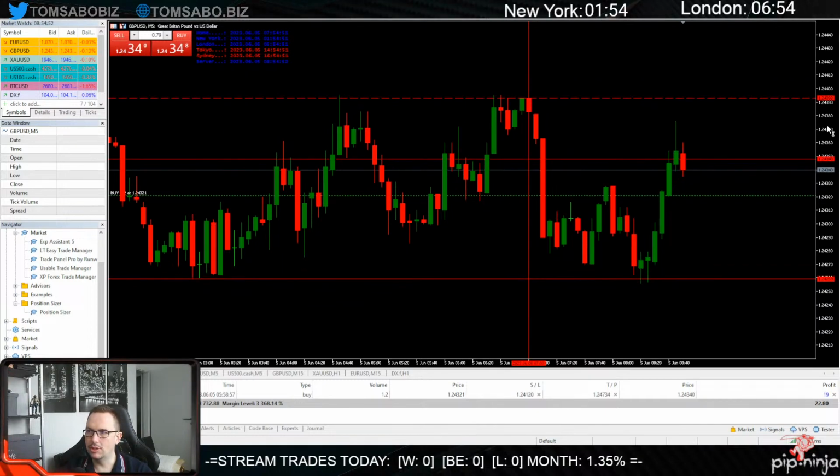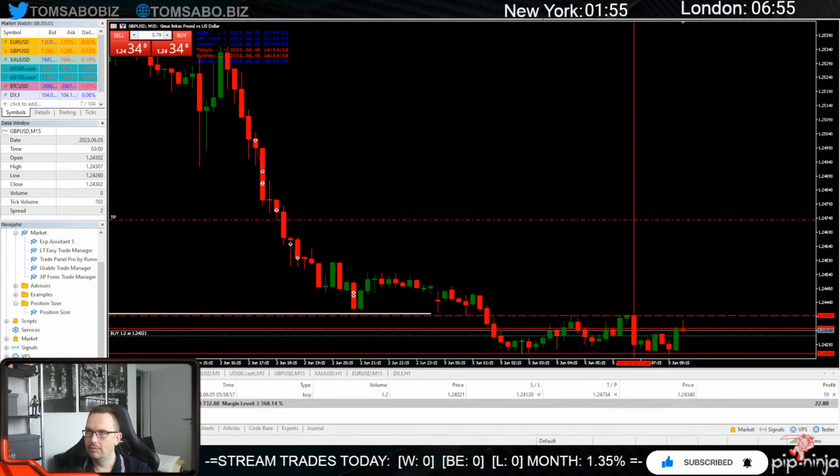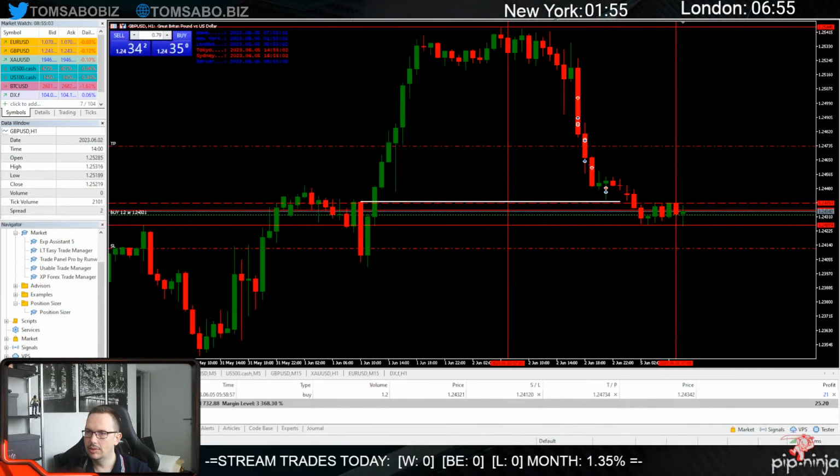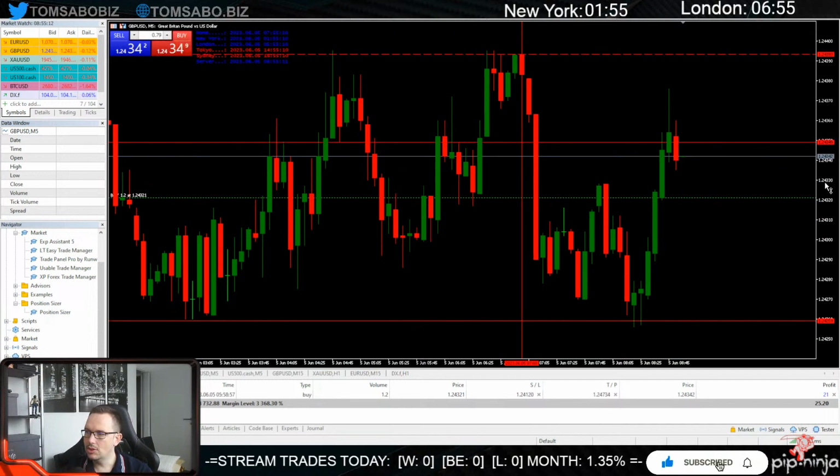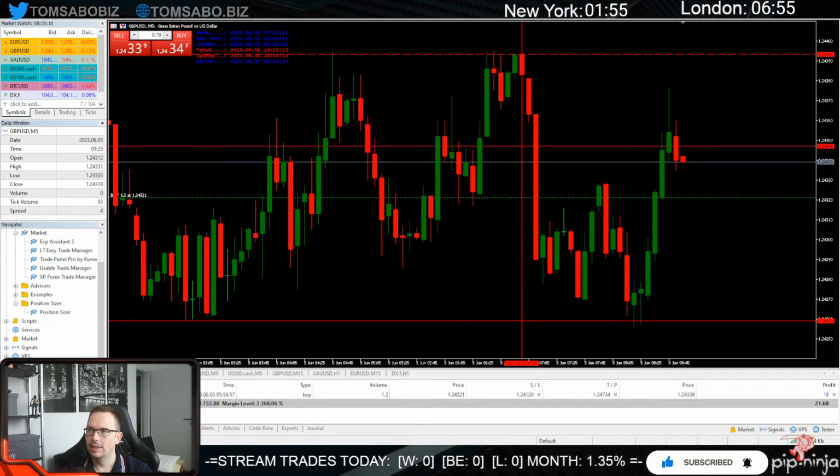I'm sorry we're just jumping in like that, but basically we jumped right into the middle of everything here. This trade, which is open right now, is technically a swing trade.